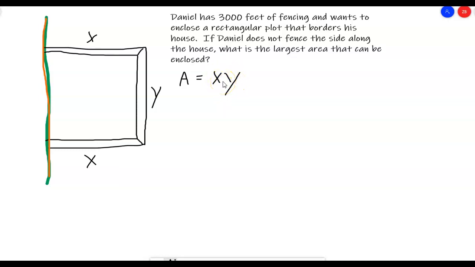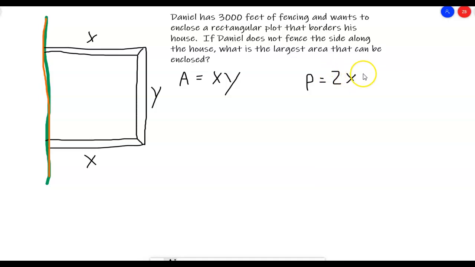One way we can do that is to look at another formula for the rectangle, and that would be the perimeter. The perimeter is just the distance around the fence. It's not going to be 2x plus 2y because we only have one y side.